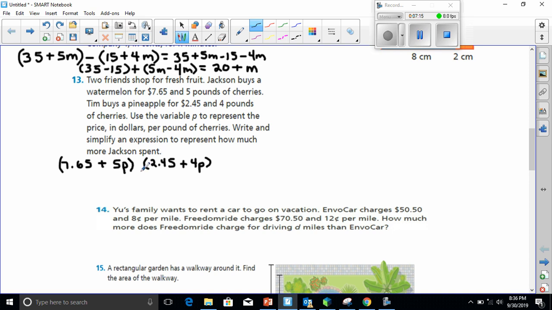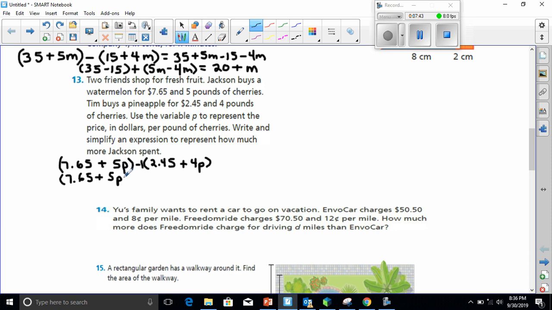Okay, how much more Jackson? Well, Jackson's the one that bought this, so we're going to be subtracting what Tim bought from it. Once again, we're going to have to take all these numbers and turn them to opposites, right? Because we're really multiplying by -1 here. So this is going to be 7.65 plus 5p.